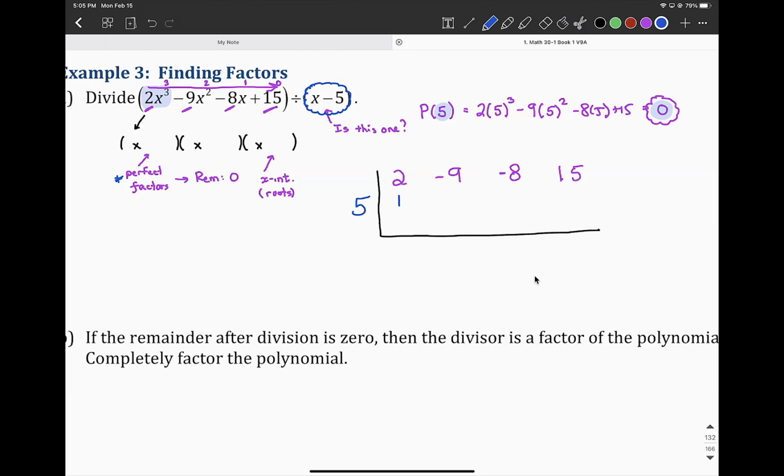Now, in a synthetic division strategy, we always get the first part of the answer for free. What we're going to be drilling down here, the quotient, is my answer. So we always get the first one for free, and then we perform a 2-step algorithm. Multiply these two to get the next number. Add these two to get the next part of your answer.